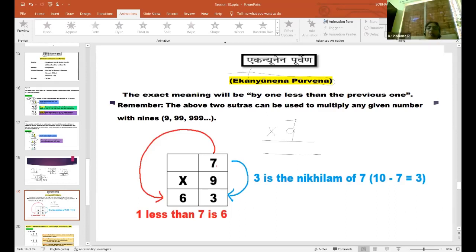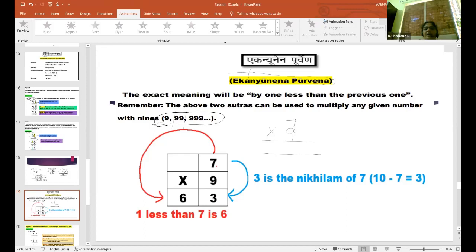This sutra is used for multiplication by 9, 99, 999. For all multiplication by 9, which is such a terror for children, we can use this sutra. For example, take 7 into 9.